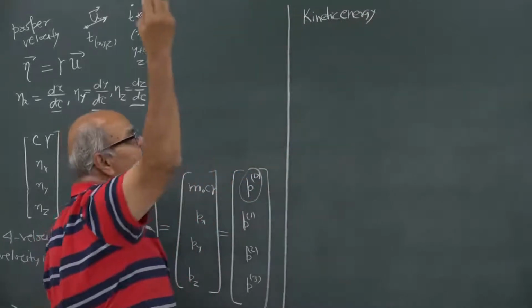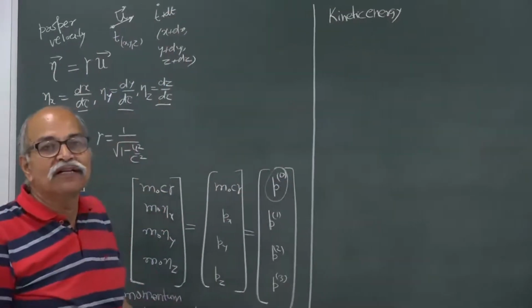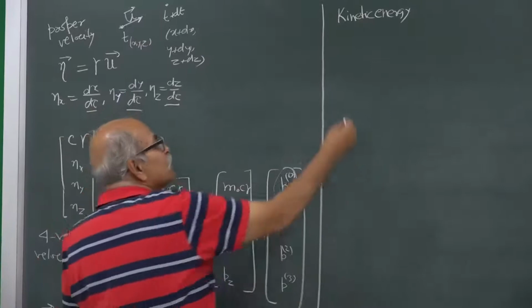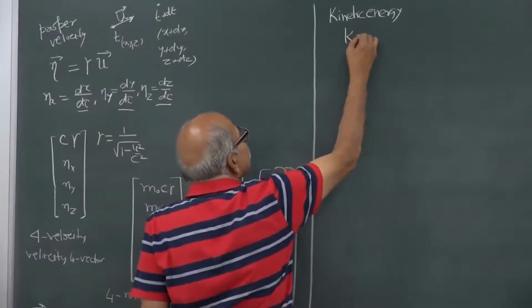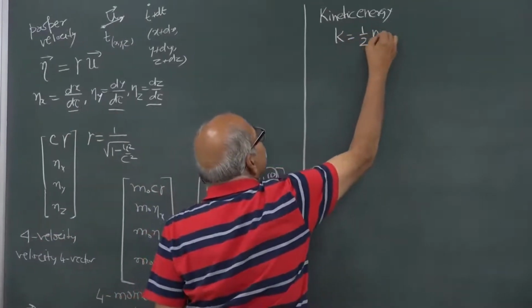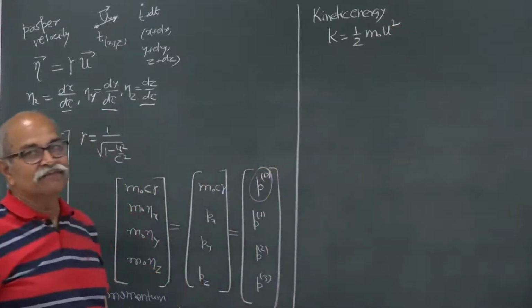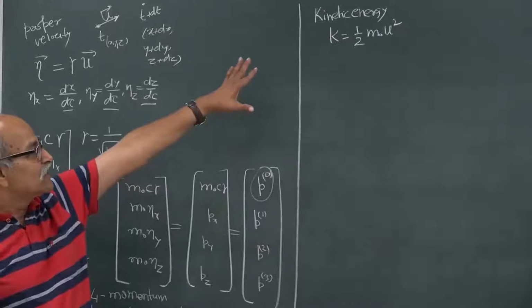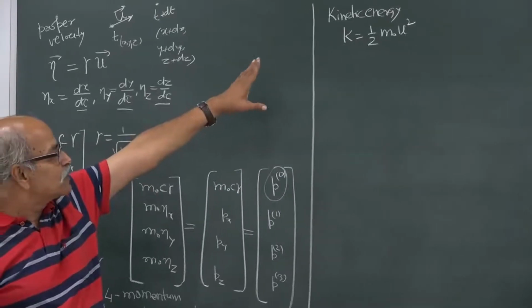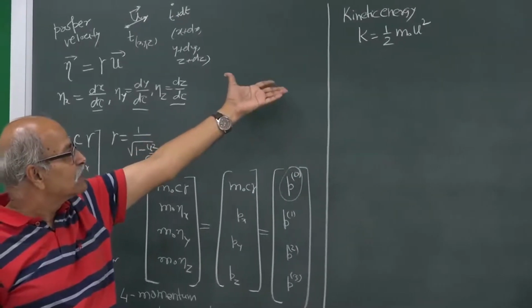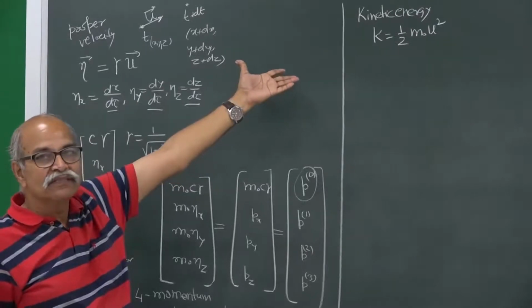In Newtonian non-relativistic mechanics, we know the expression is very simple: half times mass times speed square, that is the kinetic energy. How do I get this expression in non-relativistic Newtonian mechanics?